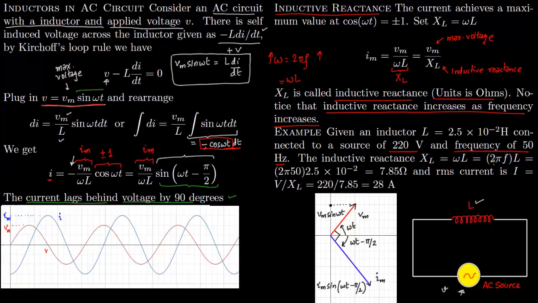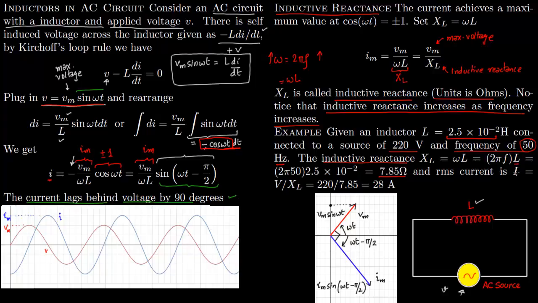Frequency is 50 Hertz right here. So you plug in the frequency, you get 2 pi times 50, and L is given right here, 2.5 times 10 to the power of minus 2. Plugging this in, you get the inductive reactance X L as 7.85 ohms.